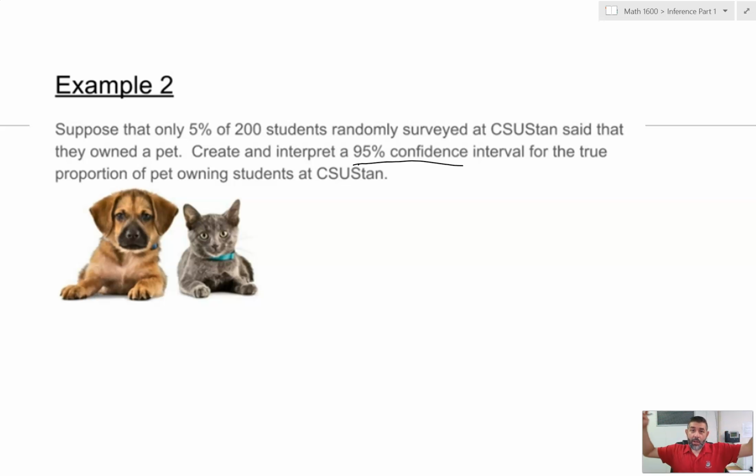The bigger the target, the more likely I am to get it on that target if I just kind of threw it out there, right? So the bigger the interval, the more likely it's going to catch the true proportion, which means I can be more confident about that proportion. But if I said I'm only 50% confident, then that interval is likely going to be pretty small because I'm not as confident that I'm going to capture the true proportion.